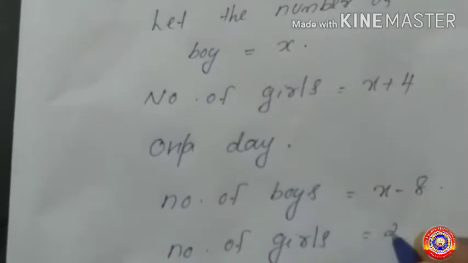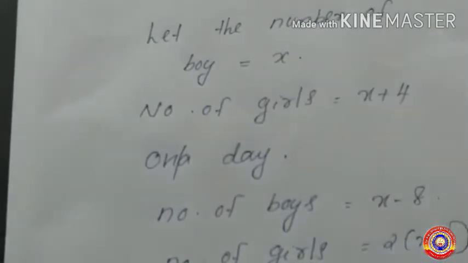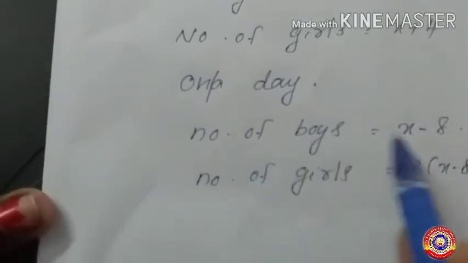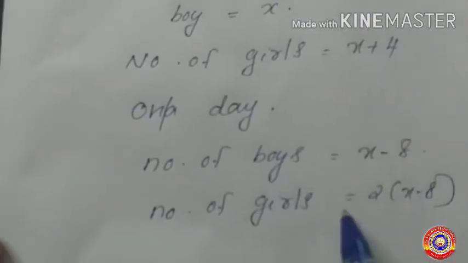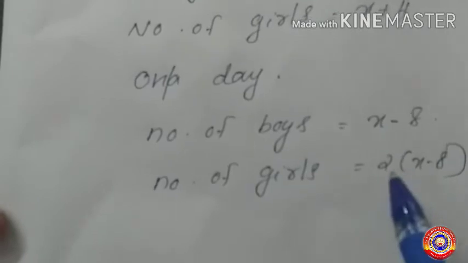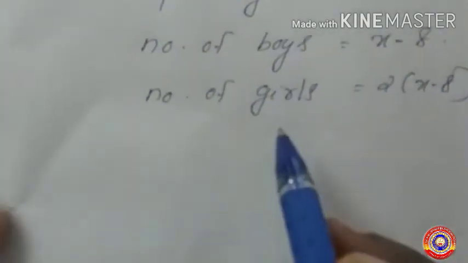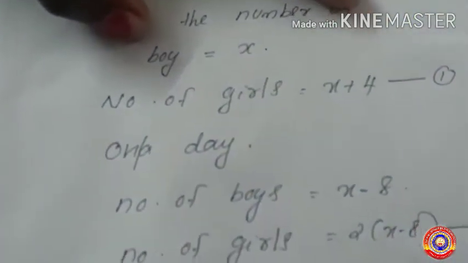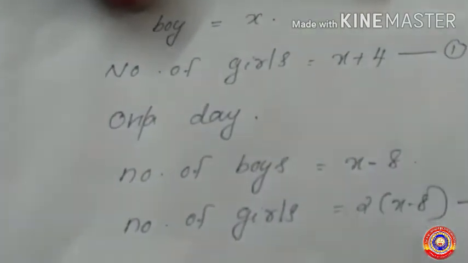So we can write number of girls is equal to 2 into (x minus 8). Once again, number of boys is equal to x minus 8, then number of girls is equal to 2 into (x minus 8). Here we want to take the number of girls. The first one is equation number 1 and the second one is equation number 2.